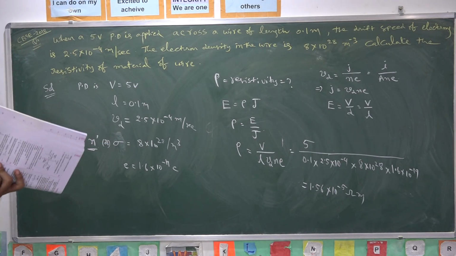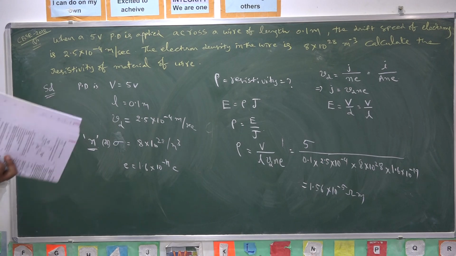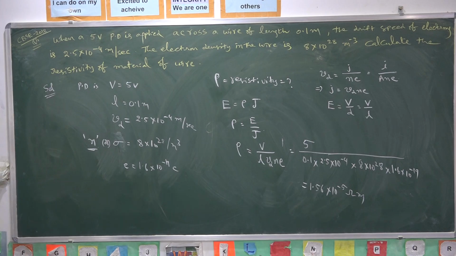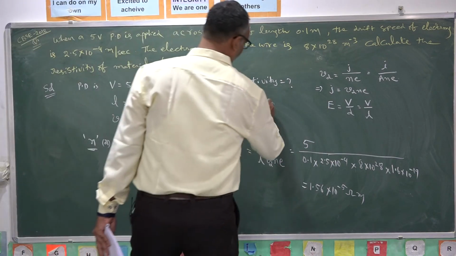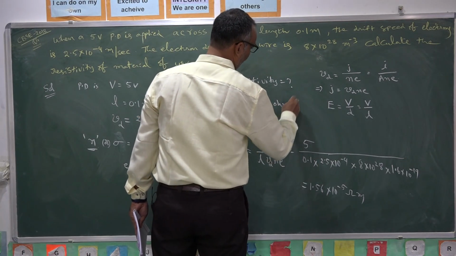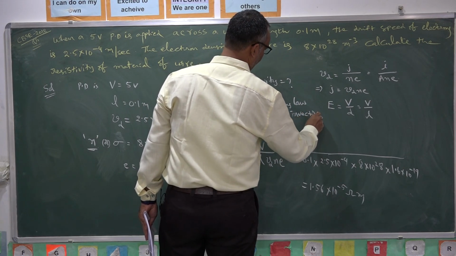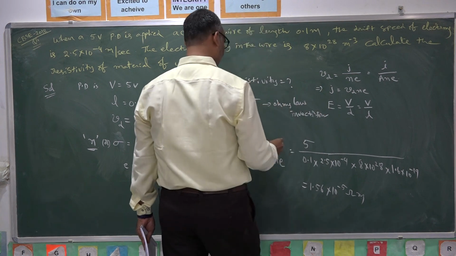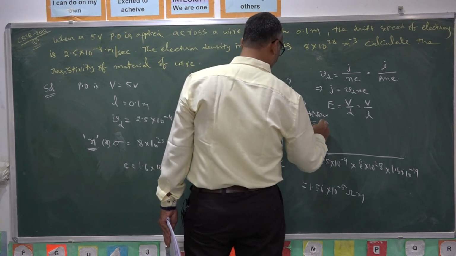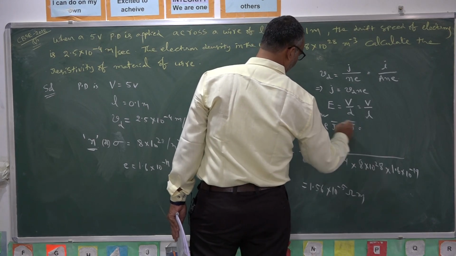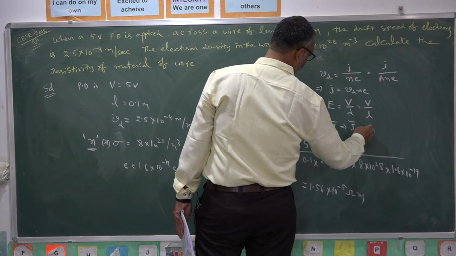Very simple question. You revise the concept of drift velocity, current density, Ohm's law in vector form. This is Ohm's law in vector form. You can write it as E bar is equal to rho J bar, or you can write J bar is equal to 1 by rho E bar, that is sigma E bar.